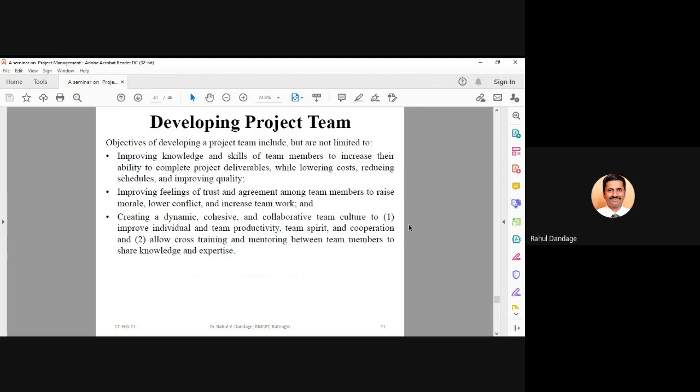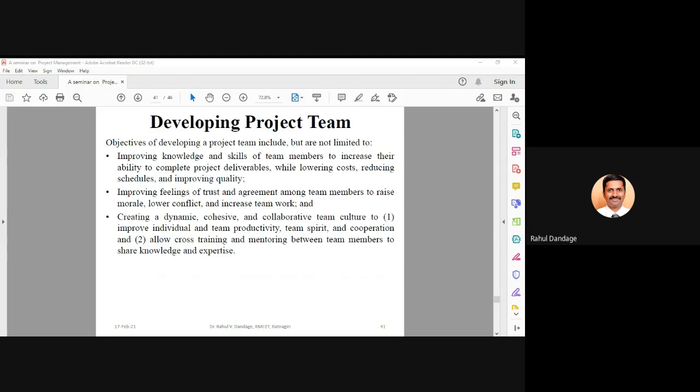The objectives of developing a project team are listed. These are some of the objectives we can say. Improving knowledge and skills of team members to increase their ability to complete project deliverables while lowering the costs, reducing the schedule, and improving the quality. So this project team development is essential for improving the knowledge and skills of team members.